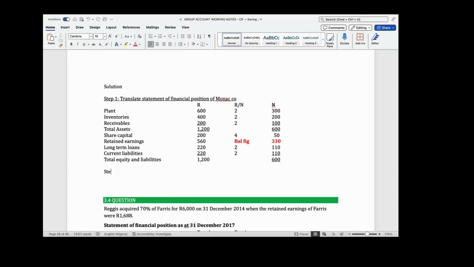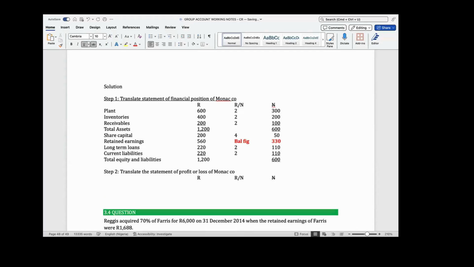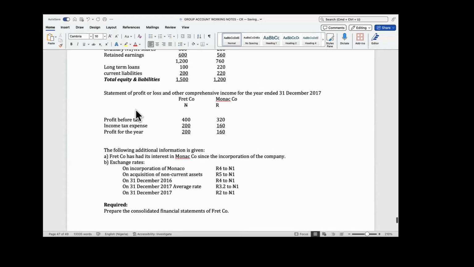Step 2, we're going to translate the statement of profits or loss of Monaco from R to Naira. So what are the items in the P&L?